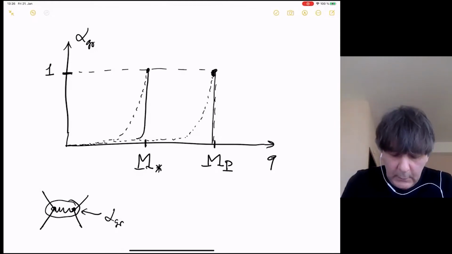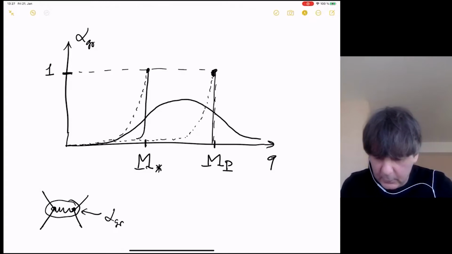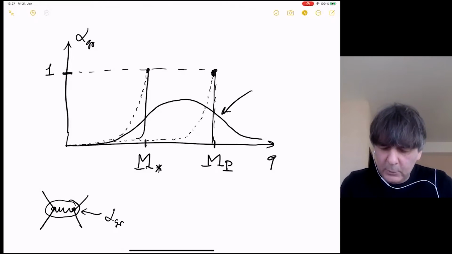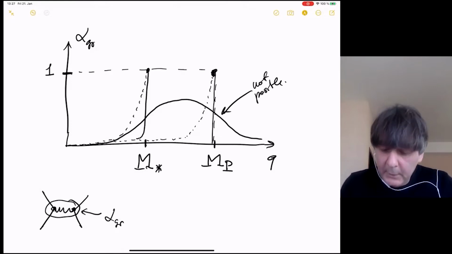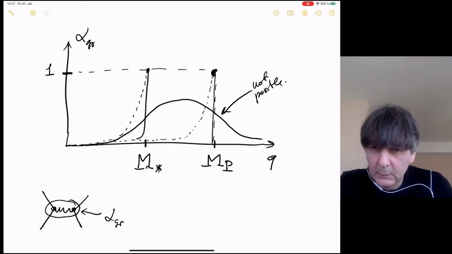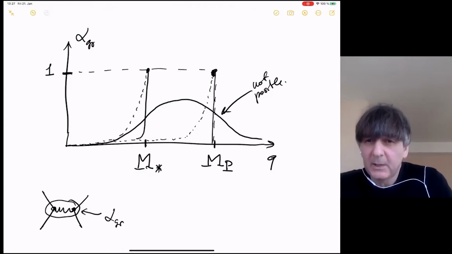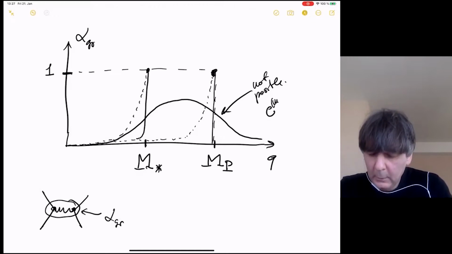So there is no way to have any behavior of, for example, this sort. Okay, so something like that, and then going down. This is not possible, because this behavior would imply that some of the coefficients of the spectral representation of the generalized graviton propagator somewhere has to become negative.